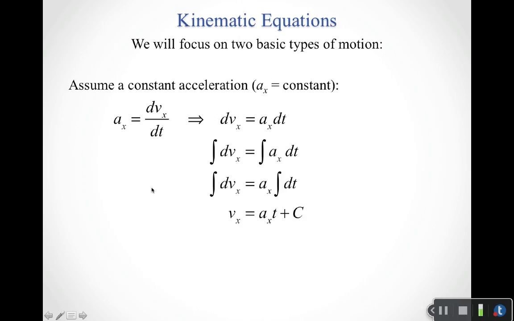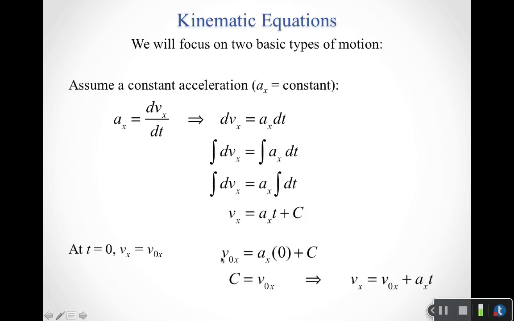Once I've done the integral, I've got this equation that says v_x equals a_x t plus some constant. To deal with this constant, I need to deal with initial conditions. At t equals 0, the velocity in the x direction is just the initial velocity, the x component of the initial velocity. So I'll plug in v naught x for my v value, and 0 for my time. When I do that, I get v naught x equals 0 plus c.